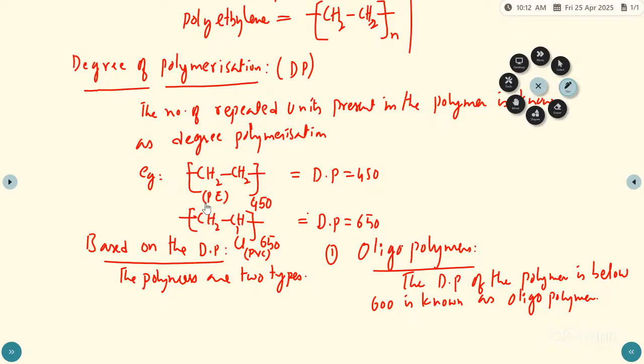How much is it? 450. These oligopolymers do not have the engineering properties, the special properties, so we can't use these oligopolymers in various fields.